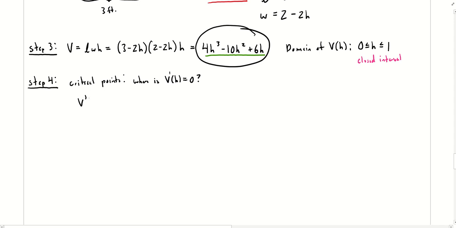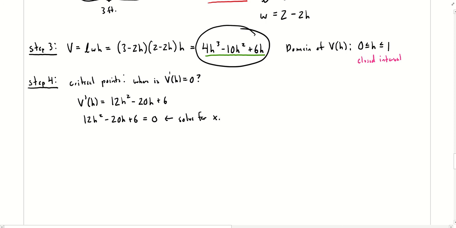If I take the derivative of that, using the power rule, that's going to be 12h squared minus 20h plus 6. I'm going to set that 12h squared minus 20h plus 6 equal to 0, and I'm going to solve for h.